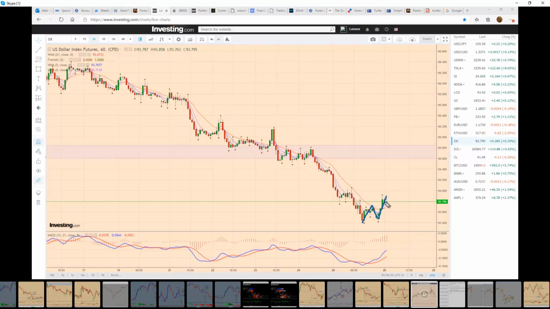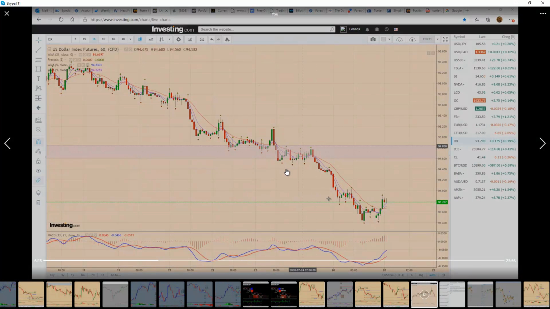So I would want to see this play out, and it looks like we could come right back up to previous resistance, and at that point all bets are off for this to continue back down again. Okay, so the take on tonight is that the US dollar has strength to the upside, and that's what I would be going with.